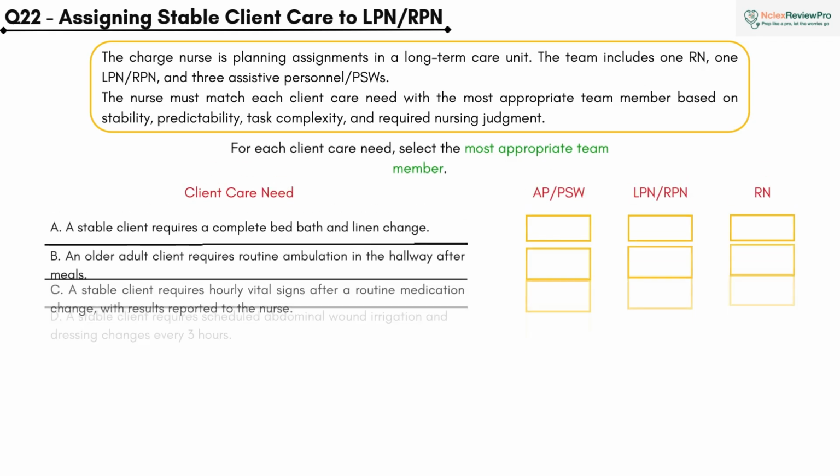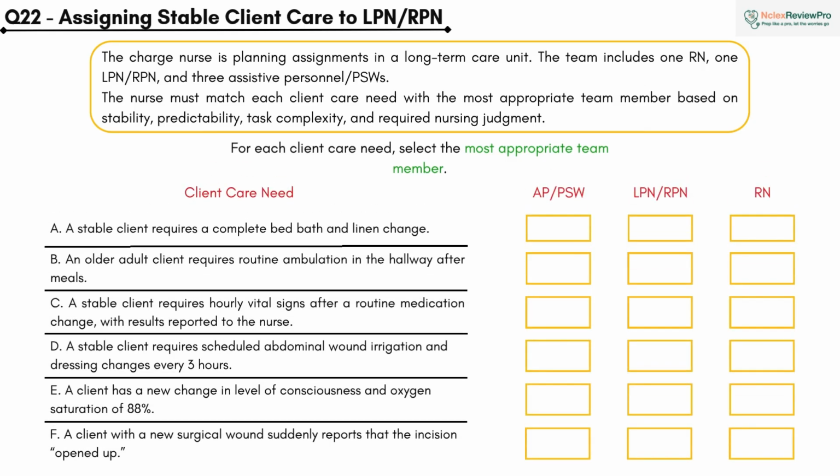The care needs include a complete bed bath and linen change, routine ambulation after meals, hourly vital signs after a routine medication change, scheduled abdominal wound irrigation and dressing changes, a new change in level of consciousness with oxygen saturation of 88%, and a new surgical wound that suddenly feels like it has opened up. Take a moment and think about your answer.